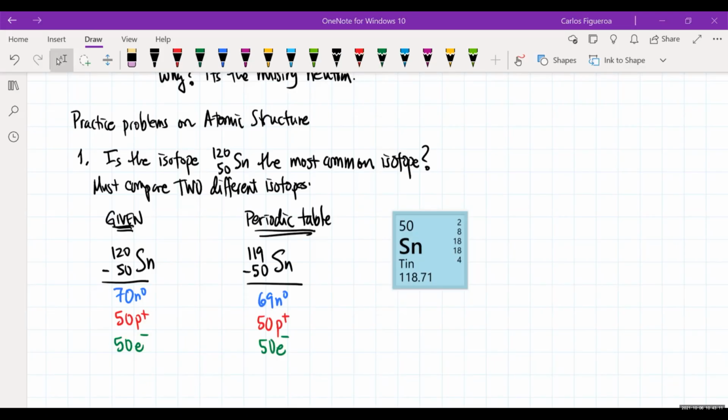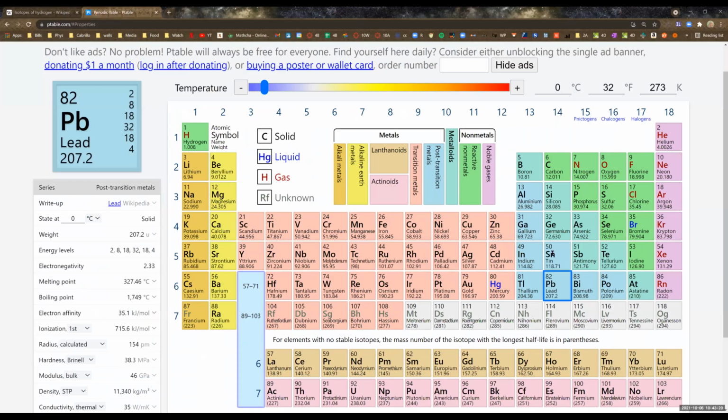If I go and look at the periodic table, we got to look for element 50. So here we go, element 50 is right here. That's tin. Then I come over here, and you could see that it's on the 5th row. So what do I expect?